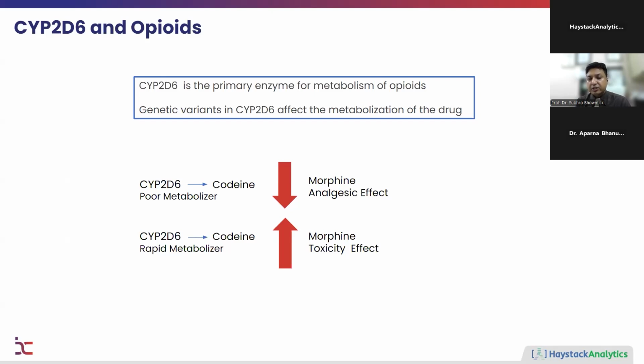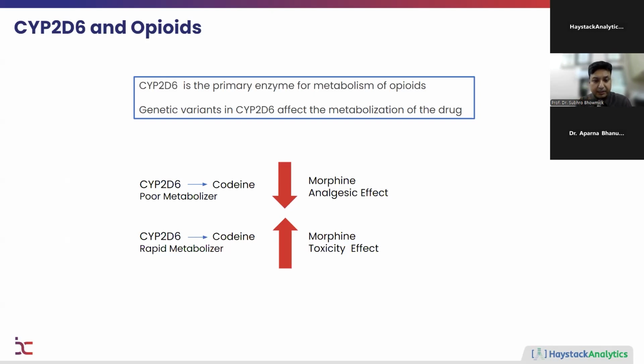Now imagine a situation that you are an anesthesiologist, or you are a palliative care medicine expert, and you are prescribing morphine to these patients who are suffering from severe terminal pain. But if there is a CYP2D6 genetic variation, then many times you will see that the analgesic effect will not happen.